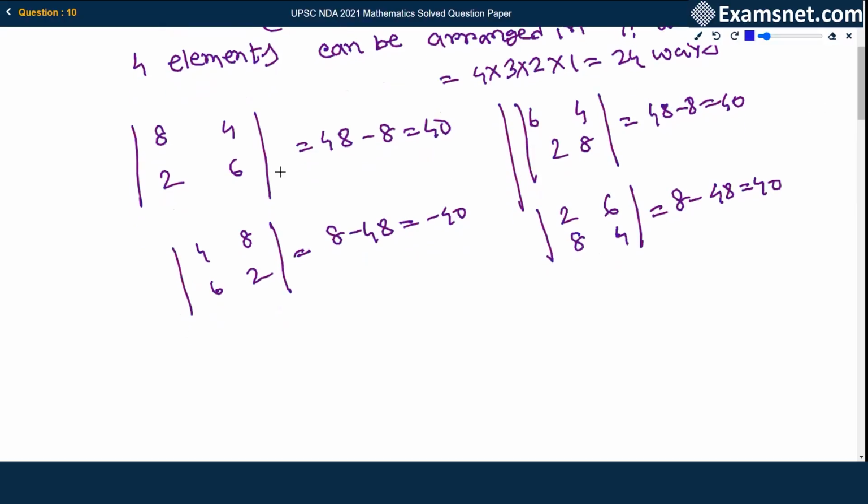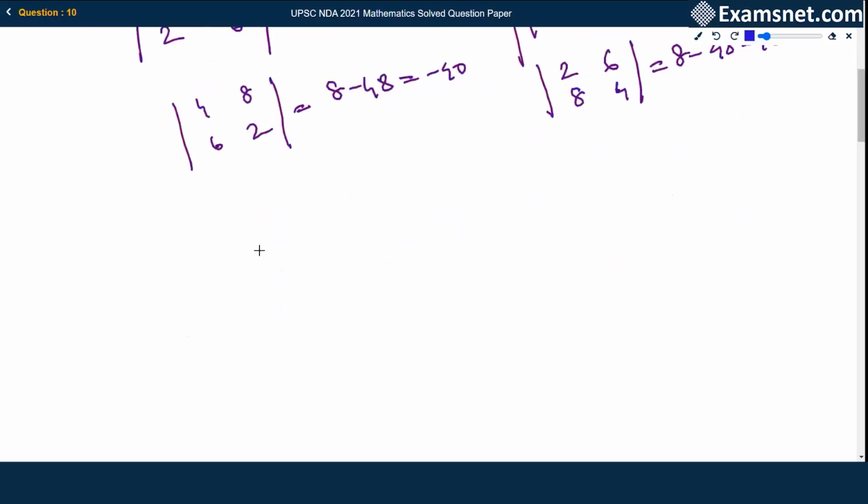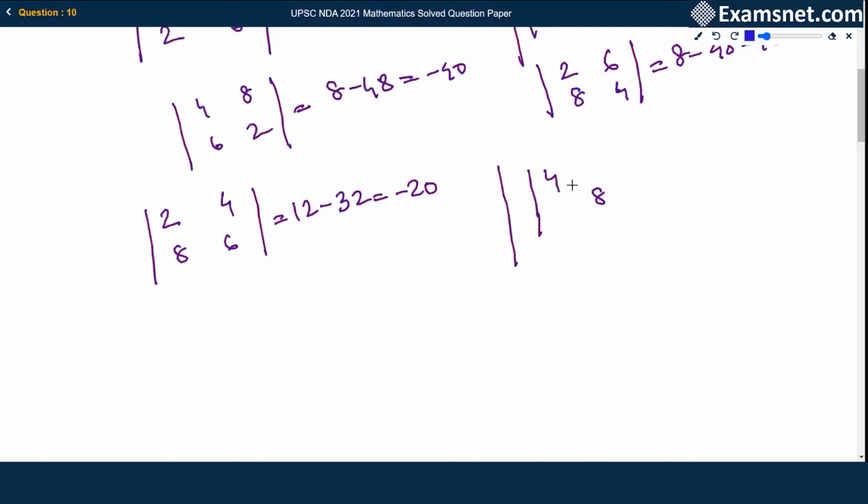So I have shown you 4 different determinants. Now let me show you a few more. Take 2, 6 and 4, 8. It becomes 12 minus 32, so minus 20. Another way, 4, 8 and 6, 2.